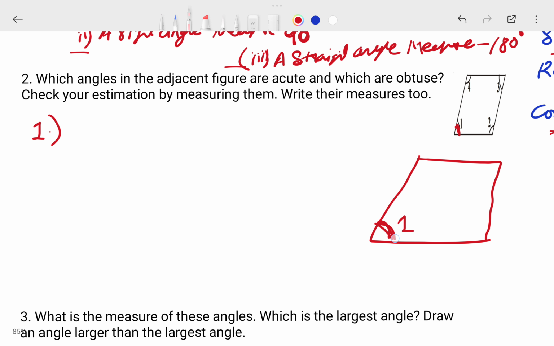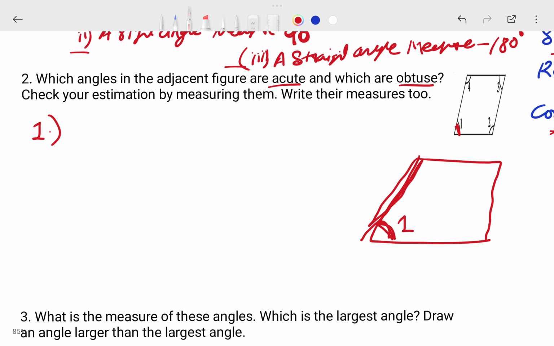If you measure point 1, what is the angle it is? We have to tell whether it is an acute angle or an obtuse angle, what type of angle it is.